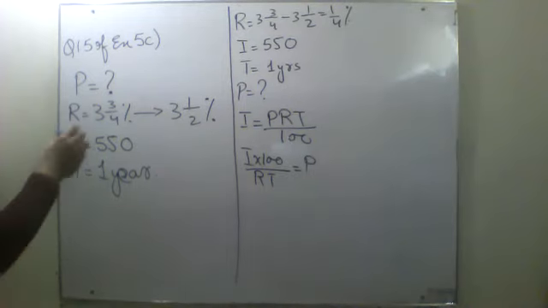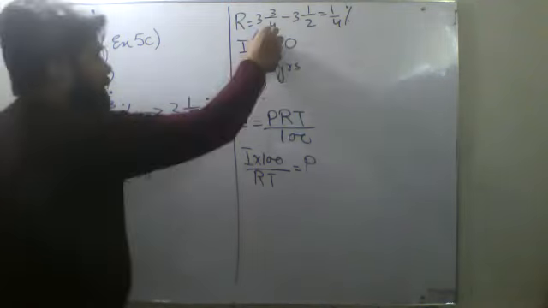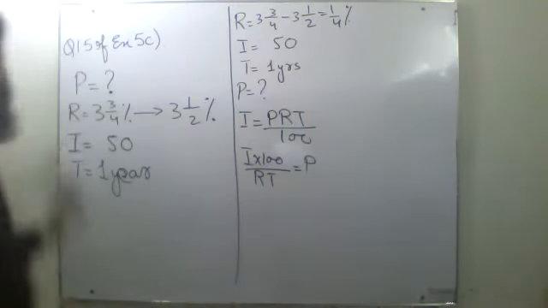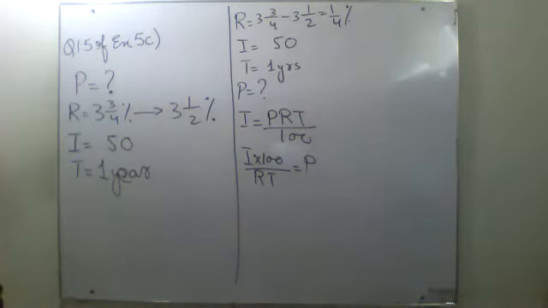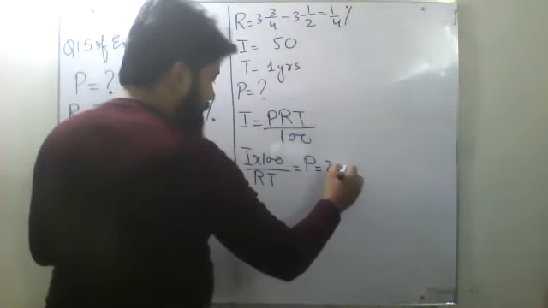This is not 550, this is 50. Okay, this is given to us as 50 over here. So 50 multiplied by 100 divided by this, and when I simplify it, my answer is coming.